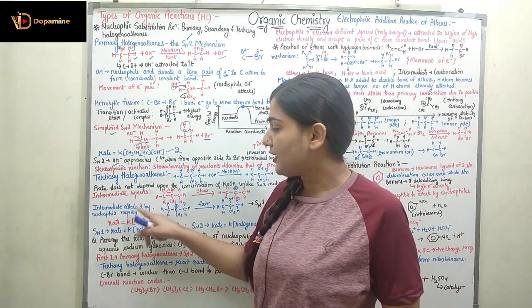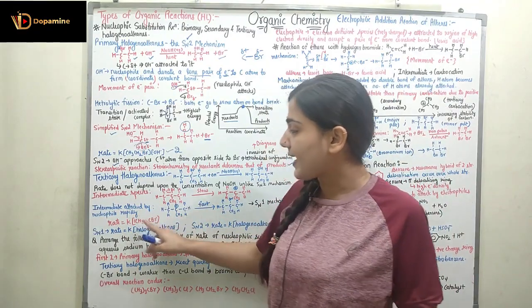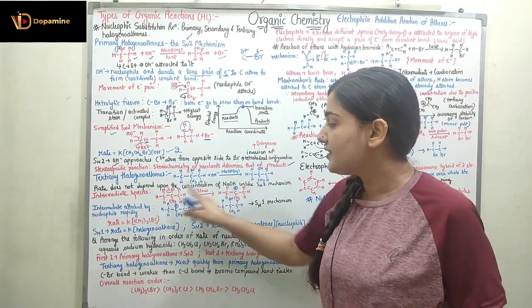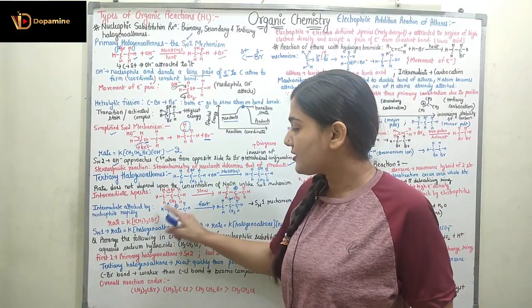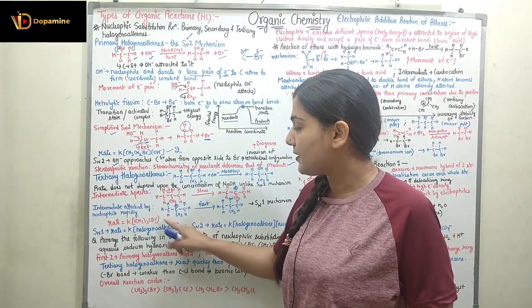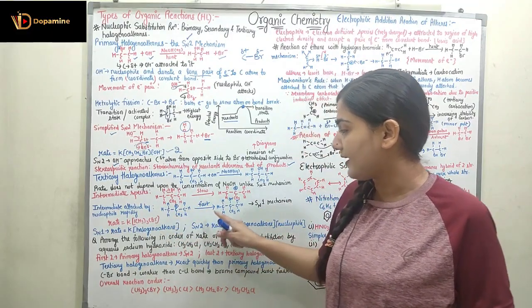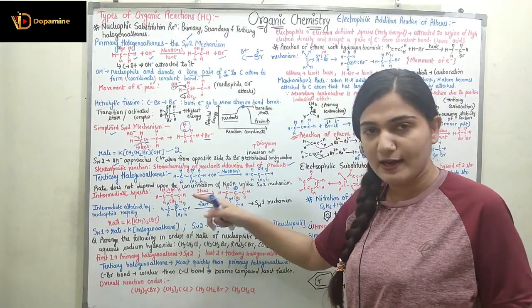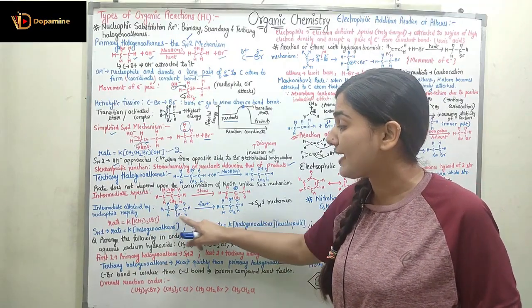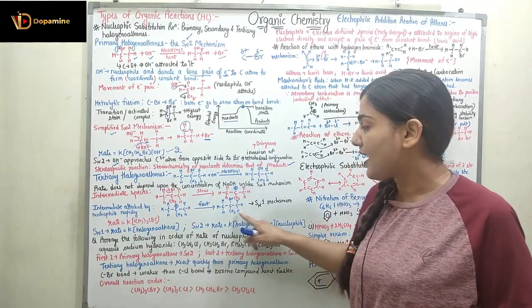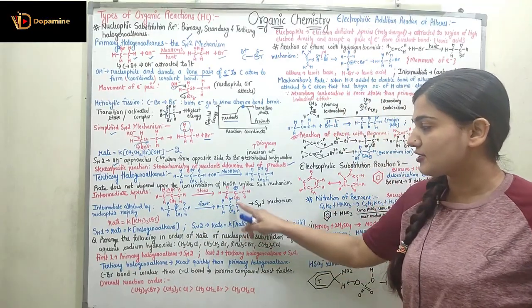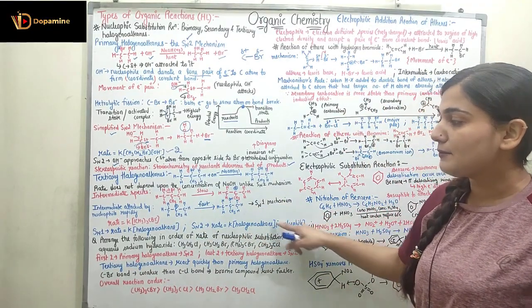Now we have the intermediate, which is attacked rapidly by the nucleophile. The previous step was the slow step. When the nucleophile OH negative reacts with this intermediate, it reacts very fast and forms (CH3)3COH by the SN1 mechanism.